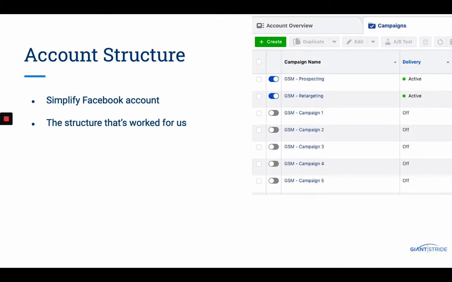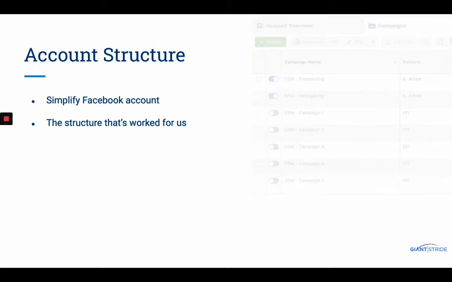We've reduced the number of campaigns in the accounts we manage for clients from over 10 campaigns in some cases down to just two, one for prospecting and one for retargeting. And look, we may run a couple more campaigns under different objectives like traffic and view content, predominantly for visibility purposes.